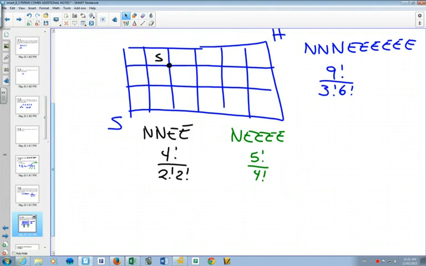The first thing he needs to decide is how he's going to Sally's house. The second thing he needs to decide is how he's going home. This is the number of choices to go to Sally's house, and this is the number of choices to go home. So this becomes an identical objects question combined with a spaces question.